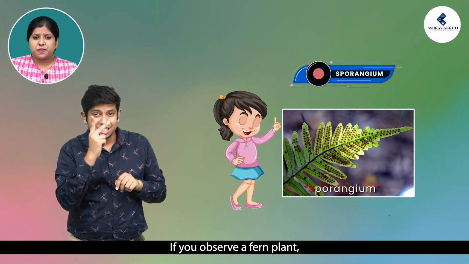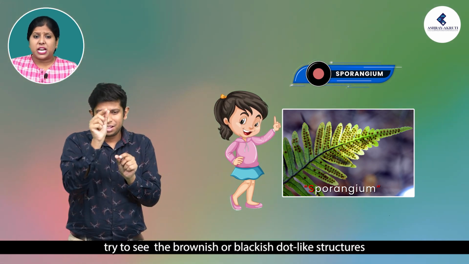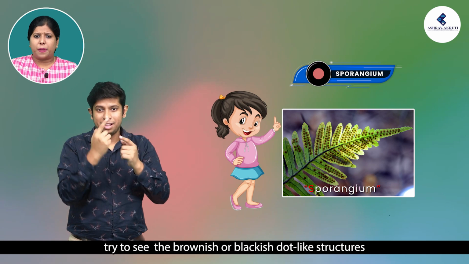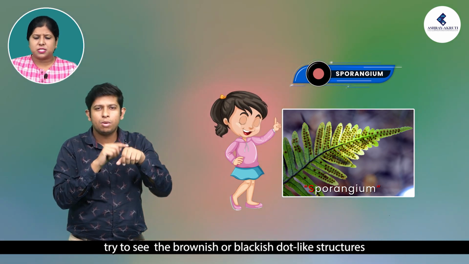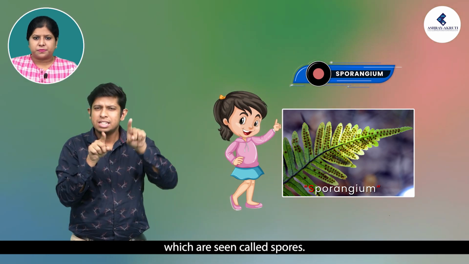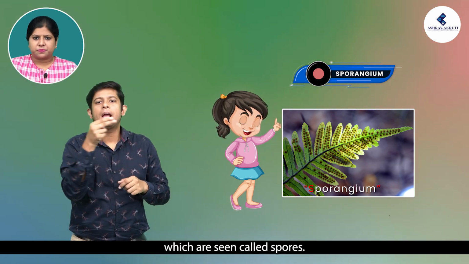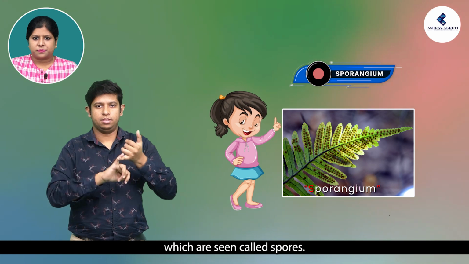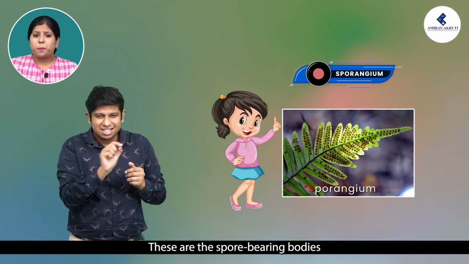If you observe a fern plant, try to see the brownish or blackish dot-like structures, which are called spore-bearing bodies.